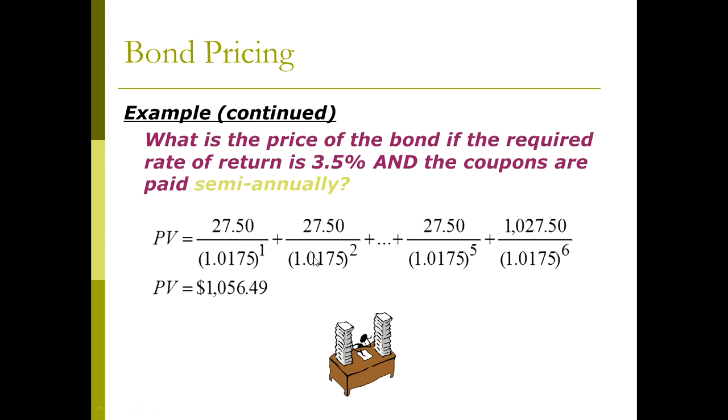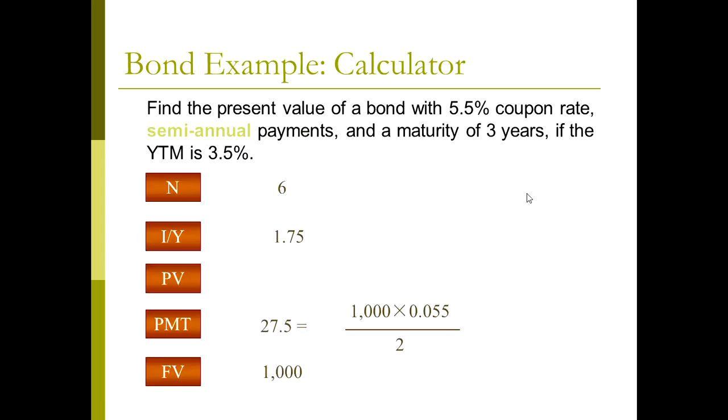Because remember, money has time value. When you receive the $27.5 coupon payment in June, you can start investing it in the bank or somewhere else to earn interest. So that is why the price of the semi-annual coupon payment bond is always going to be higher than the annual coupon bonds, if all else equal.